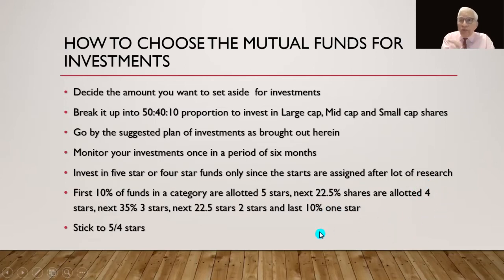So what is the proportion of 4-star and 5-star funds? 32.5% of funds in any category, whether it is large cap, mid cap or small cap, form the 5-star and 4-star category. The rest are 3-star, 2-star, 1-star, and no star or unrated. Stick to 5 and 4-star, as I have said. I'll show you how to go about this.